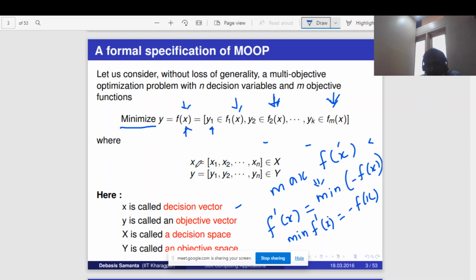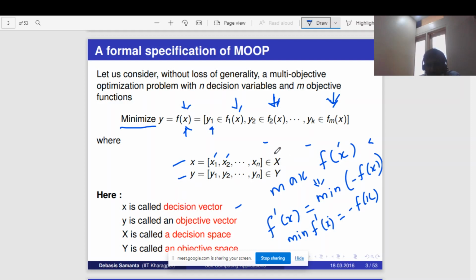So x is a combination of x1, x2 up to xn, which comes from the bigger set X, and y is a combination of y1, y2 up to yn, which comes from the bigger set Y. This entire vector x is called the decision vector, and y is called the objective vector.